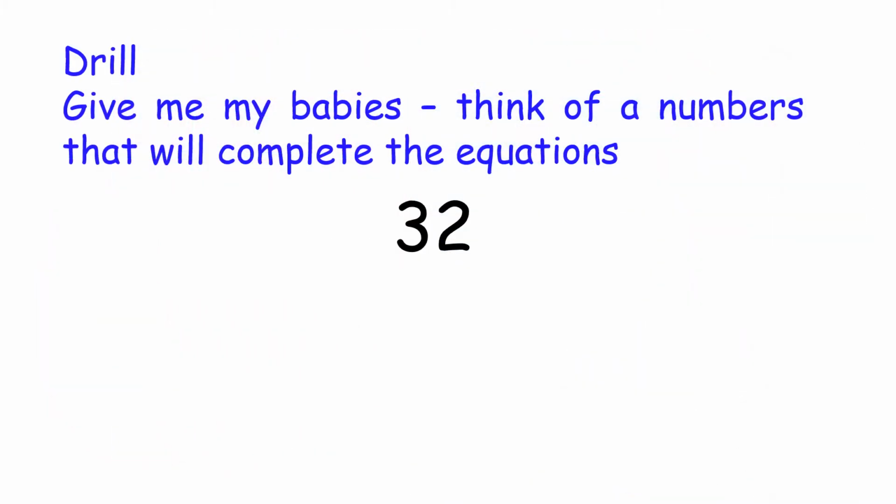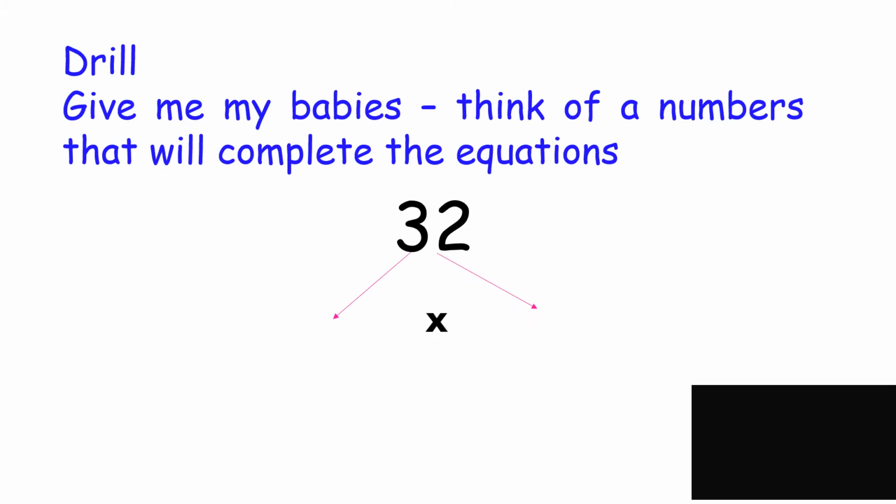Let us have a drill. Give me my babies. Think of numbers that will complete the equation. Example number 1 is 32. What are the babies of 32? So, we have 8 and 4, or 8 times 4.